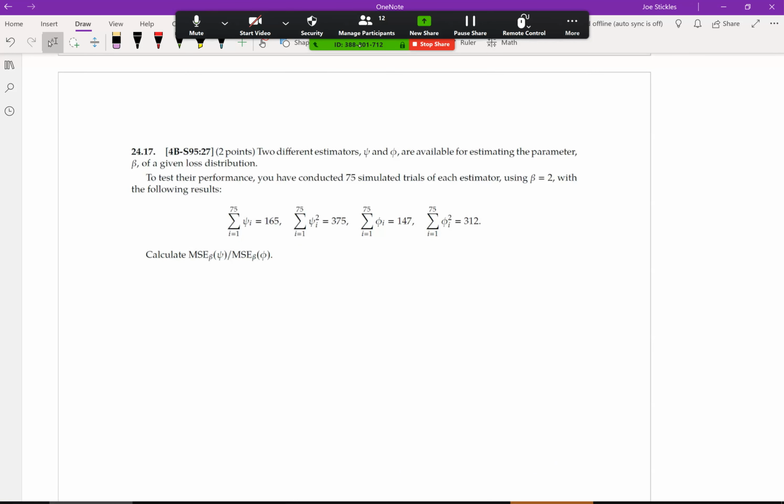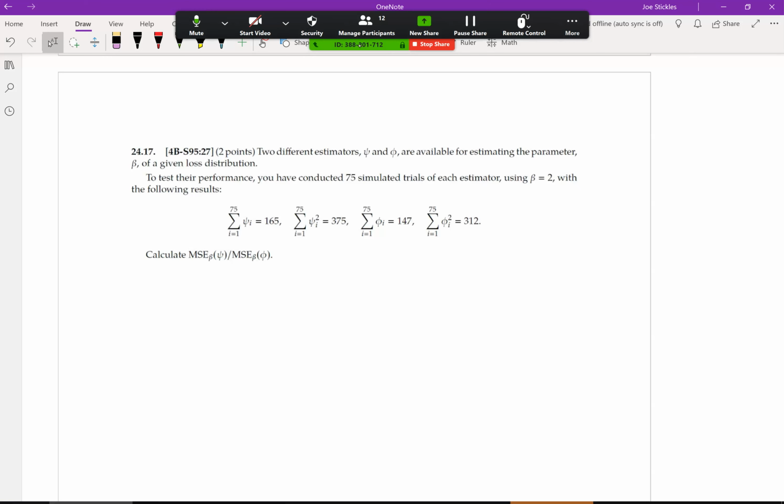Why not? Because it's asking us to do the mean square error in a couple of different parameters, the phi and the psi. So they tell you that the beta is 2, and they want to know what the mean square error is of each, and then do the ratio.